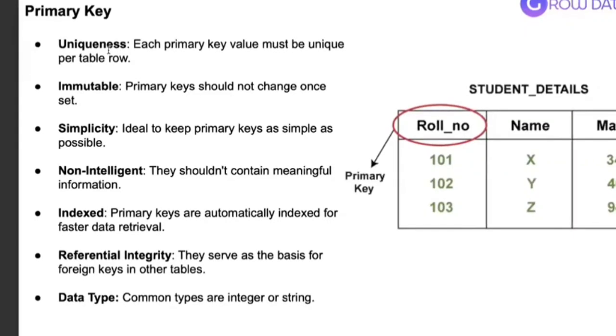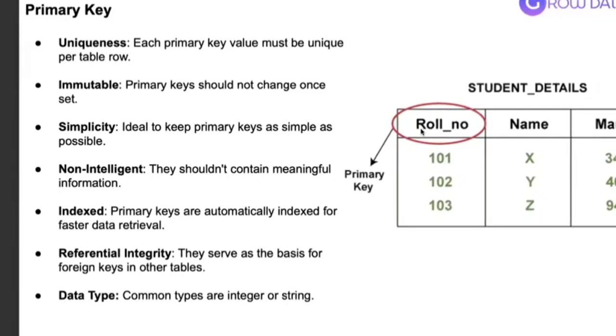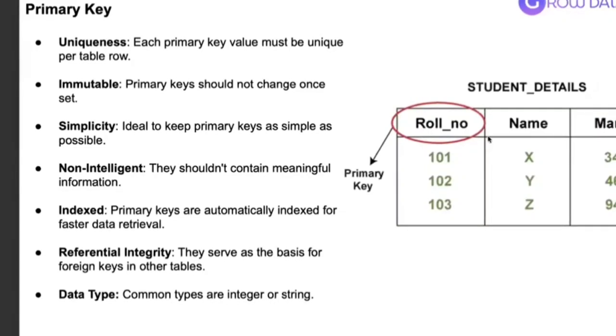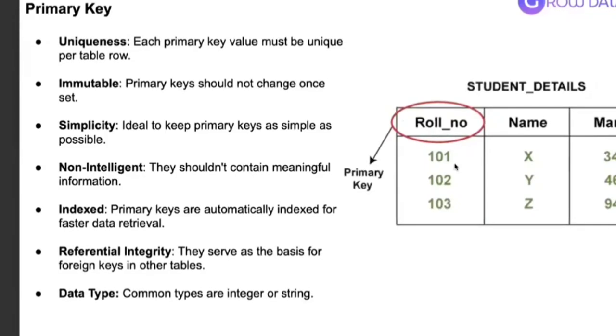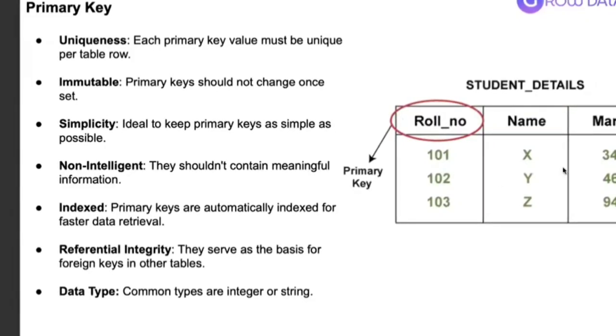As per the definition, and you can see in this example itself, roll number uniquely identifies every individual record in this table. Because if I call roll number 101, it will always give me the record for name X. Similarly, roll number 102 will always give me the record for Y, right?